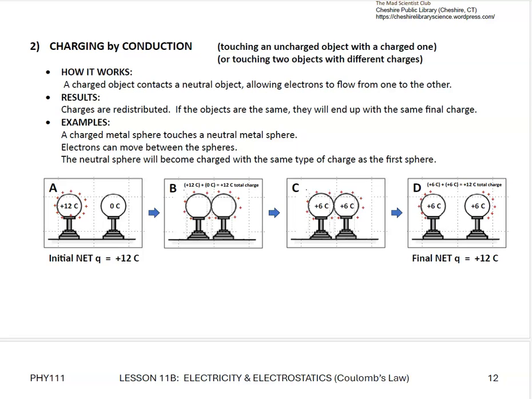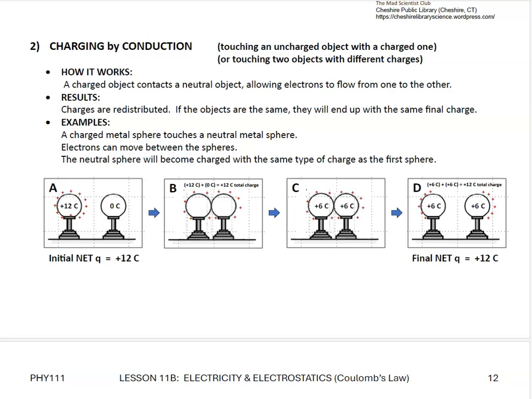So what actually happens is in box B, when the two balls are in contact with one another, electrons from the right ball, the neutral ball, flow to the left in order to make both balls equal charge, in this case of plus 6 coulombs. And then when you separate the balls, they retain that plus 6 coulombs on each ball.